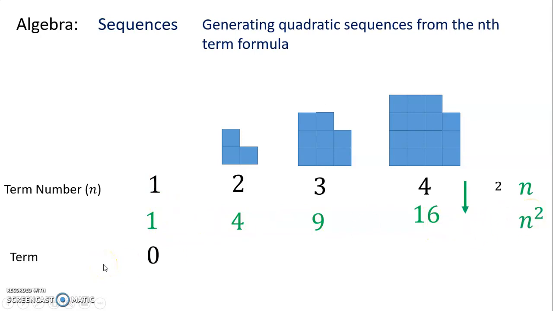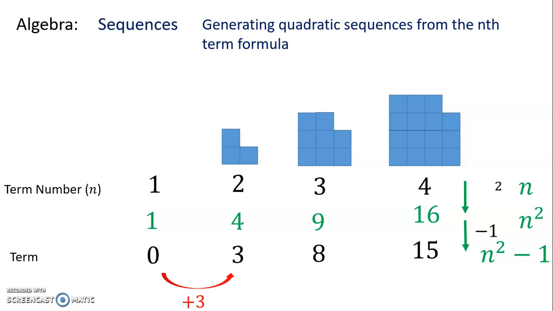But my sequence now is the first term is a 0, the second term is 3, the third term is 8, and the fourth term is 15. And so this time I'm subtracting 1, and that's giving me an nth term formula of n squared subtract 1. And again, if I look at my differences, I've got add 3, add 5, add 7.